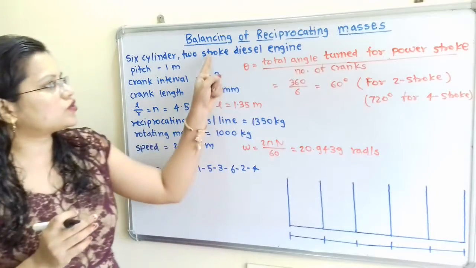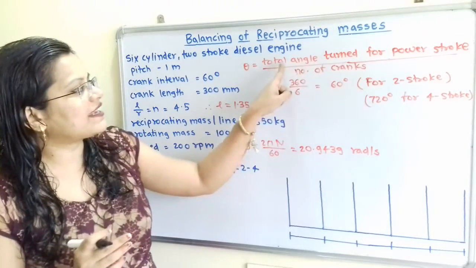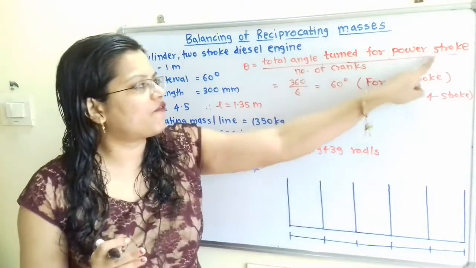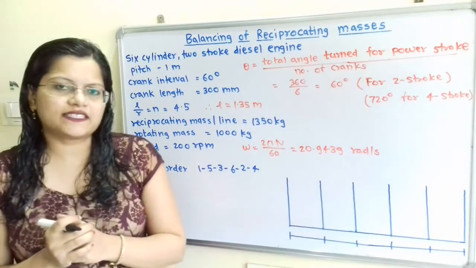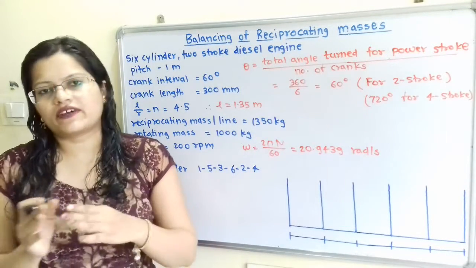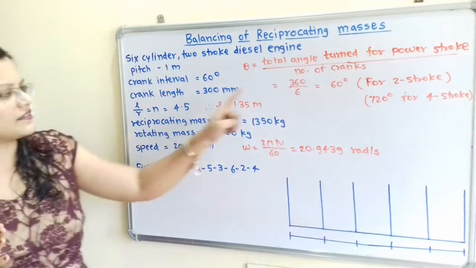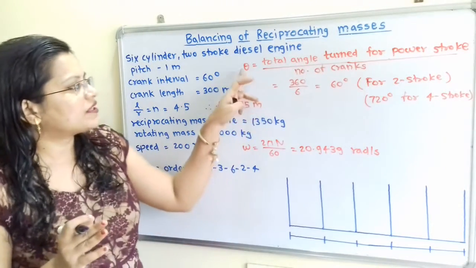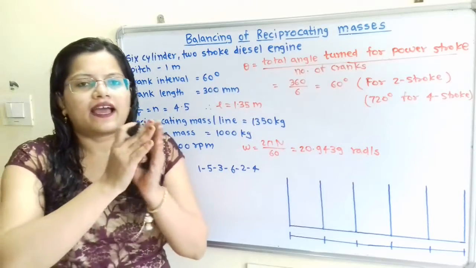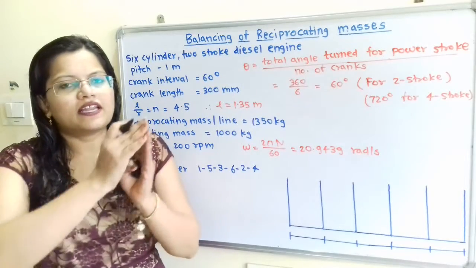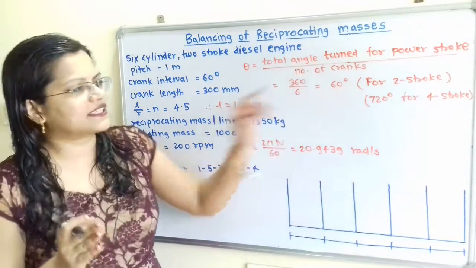So it is a two-stroke diesel engine, so we will take the total angle turn for power stroke as 360-degree, and number of cranks is equal to number of cylinders, that is 6. So theta, that is the angle interval in between these cranks, is 60-degree.